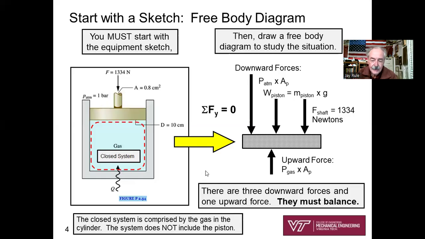Now I think I see how I will calculate the pressure of the gas. And another thing to see is that the pressure of the gas is going to stay constant because all of this given information is constant.